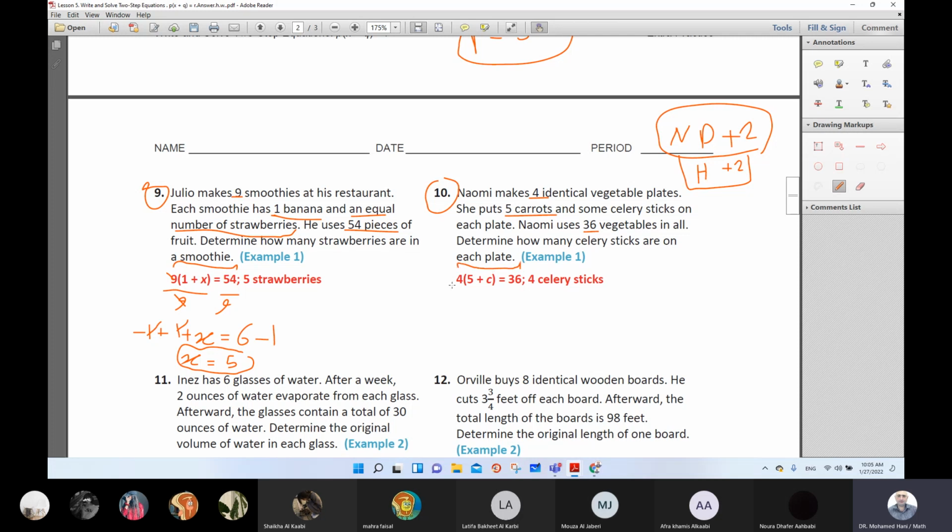We want to solve this equation. We want to remove 4 from the side, so we can divide the two sides by 4. 4 divided by 4 will be 1, remains 5 plus C equal 36 divided by 4 would be 9.